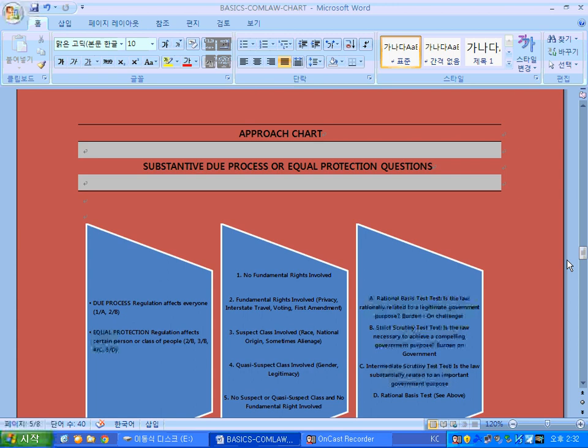There might be some cases involving a suspect classification, including race, national origin, and sometimes alienage. Then the strict scrutiny test would apply to those cases as well.